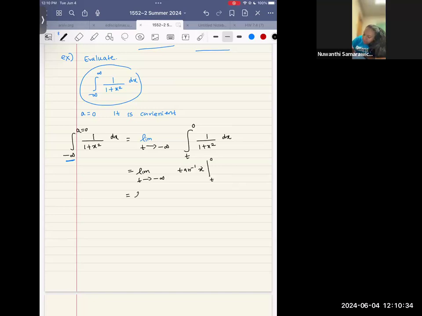If we apply the limit as t goes to negative infinity, it is tan inverse 0 minus tan inverse t. Okay, what is the answer for this?